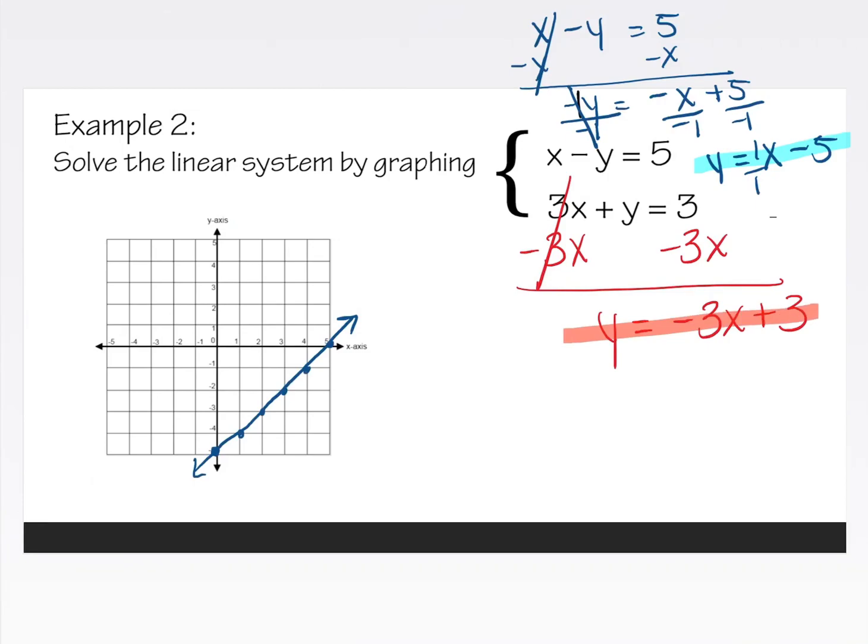So again, y-intercept of positive 3, but my slope is negative 3 over 1, so we're going to go down 3, 1, 2, 3, and to the right 1. So we have a negative slope, 1, 2, 3, or up 3 and to the left 1. Now here, my point intersects at 2, negative 3, so that is my solution.